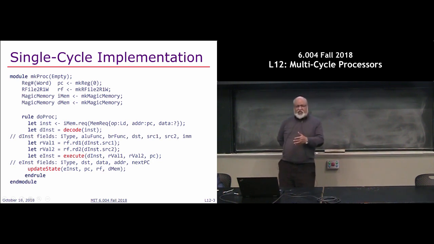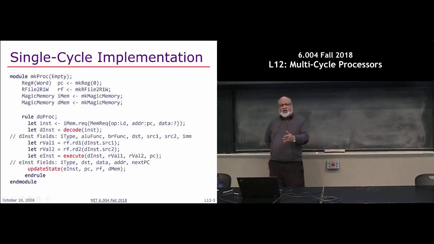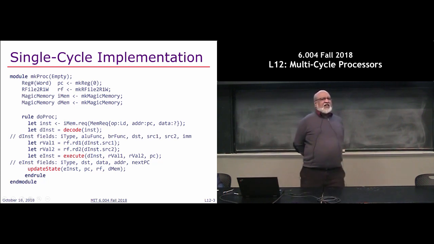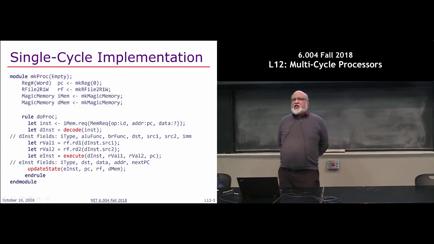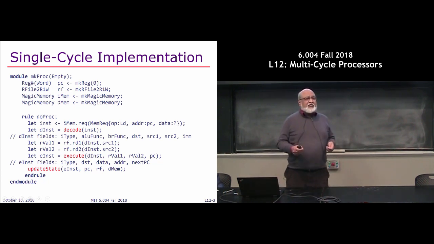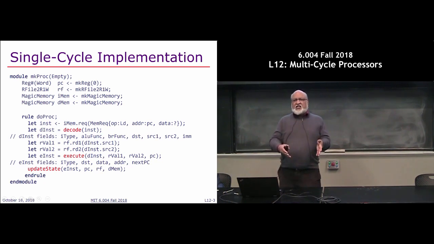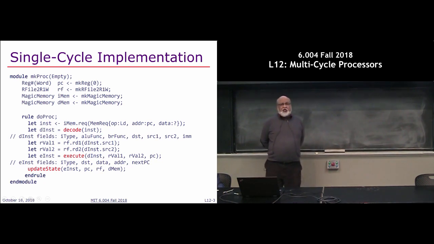We are doing something to PC, to RF, and to DMEM, and if you see the declaration of the update procedure, we don't pass the value of PC, we pass the PC itself. We pass the register file itself, and the data memory itself, into this procedure. If you find this confusing, just do an inline substitution. Take out this procedure and put the whole body of it here, and it'll all work.